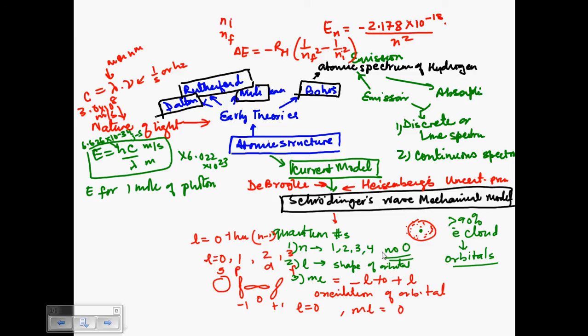Now moving on from there, s, p, d, f orbitals, we're going to see now how the electrons are filled in orbitals. And I will have to add another slide, but you can continue on the same big paper.